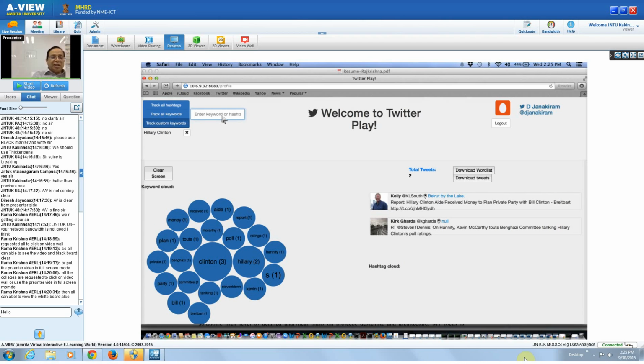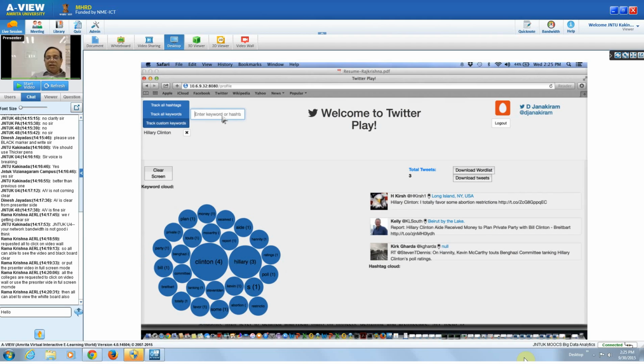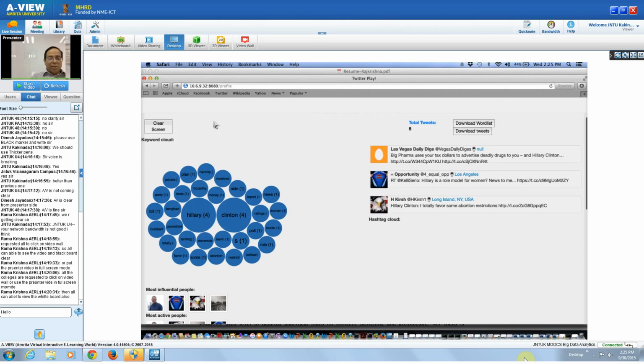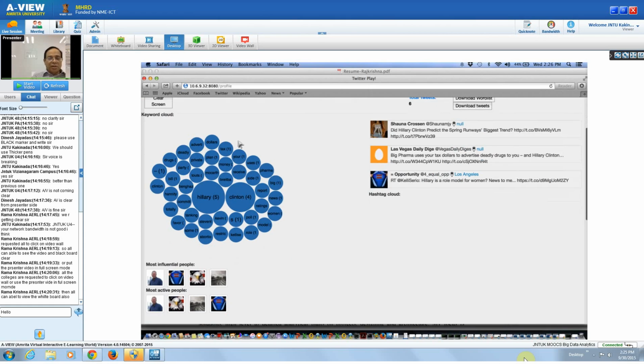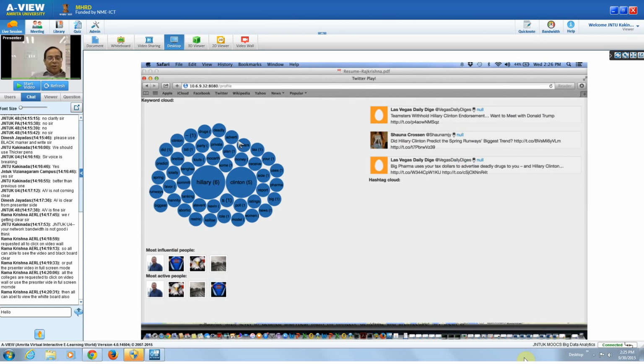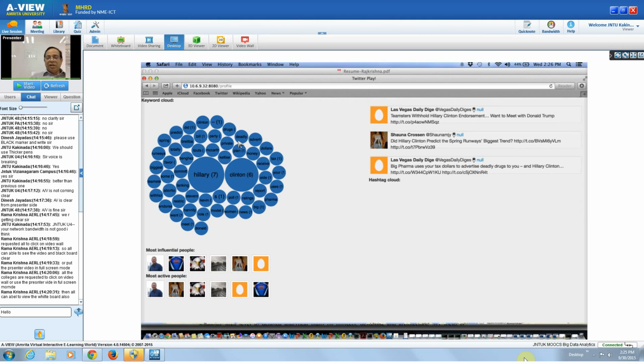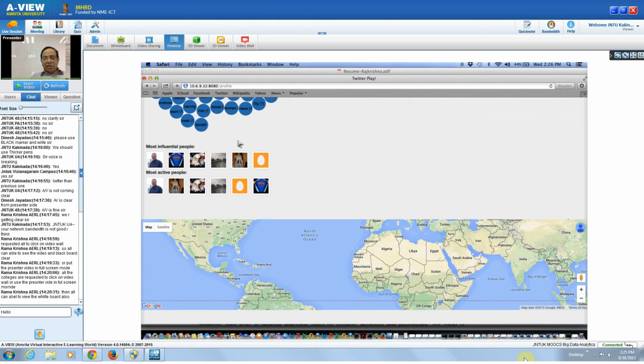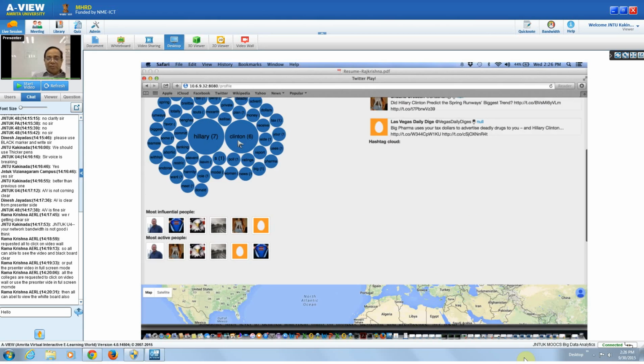There is a keyword cloud here, and a hashtag cloud will also come here. It will also start showing who the most influential people are who are associated with these tweets. Slowly it will build the hash cloud, and it will also show the locations the tweets are coming from.